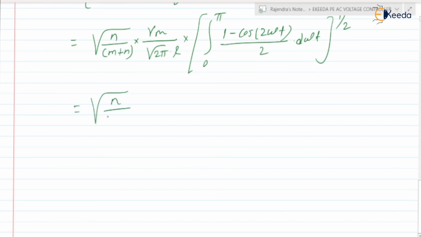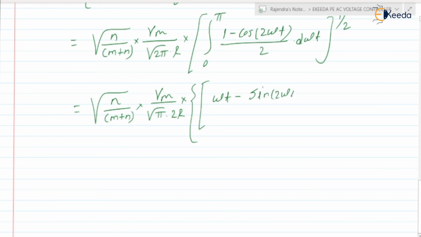Further we can write it as under root N upon M plus N into, can we take this root outside? Yes, so it is Vm upon root pi into 2R, into omega t minus the integration of cos, which is sine of 2 omega t divided by 2, limit 0 to pi, to the power 1 by 2.